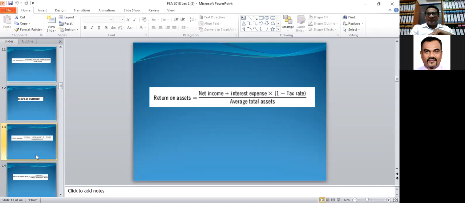Return normally means profits, but here we have taken net profit, added interest, but deducted tax, so we have taken interest net of tax. Okay, tax shield, but how do we call this entire numerator? There's a name.